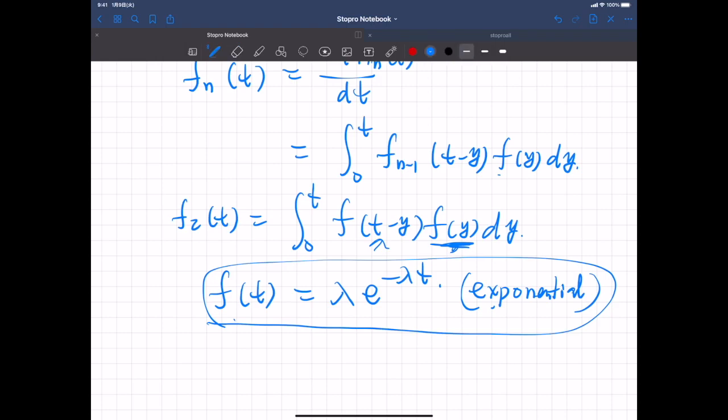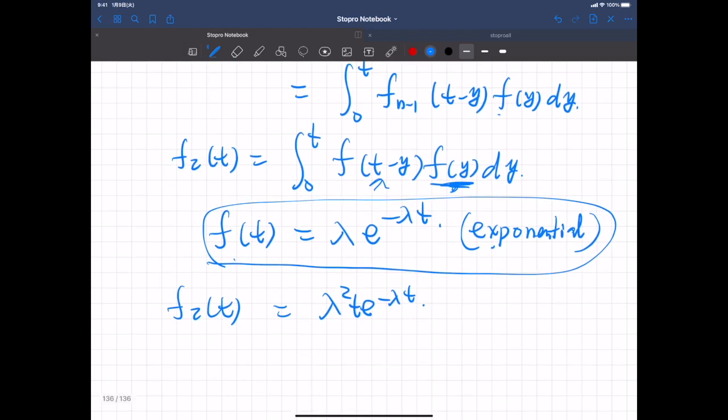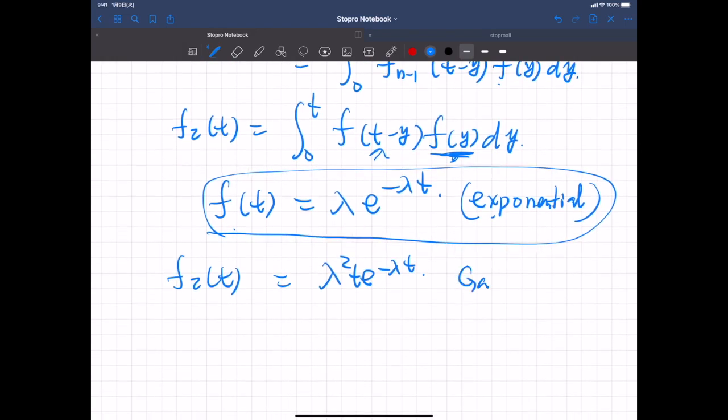If this is the case, then you plug this into this integral. Then you have f2 equal to lambda squared times t times exponential of negative lambda t, which is a gamma distribution with parameters 2 and lambda.